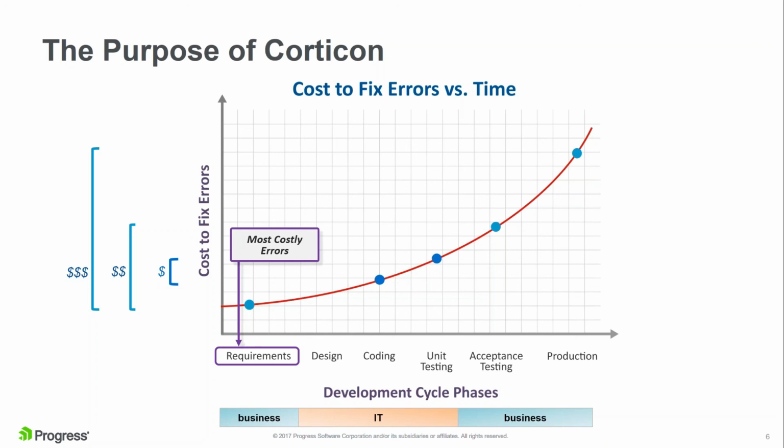The point of business rules management systems and the point of Corticon is to shift this curve down to the left as far as possible, and give people a way of finding these problems in the requirements as early as possible. And the way we do that is by giving these people, who typically are less technical or non-technical people, a very special set of tools.